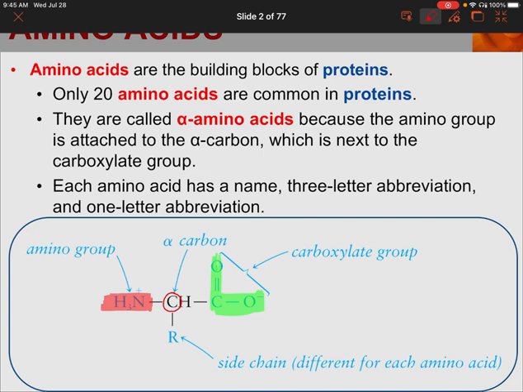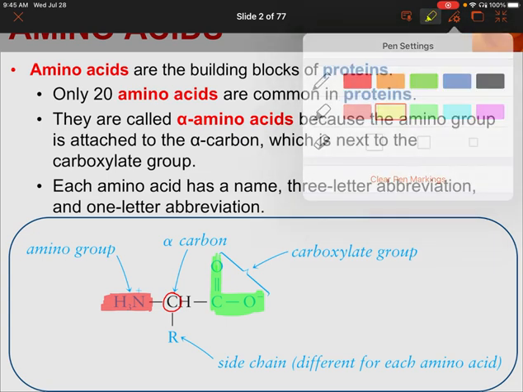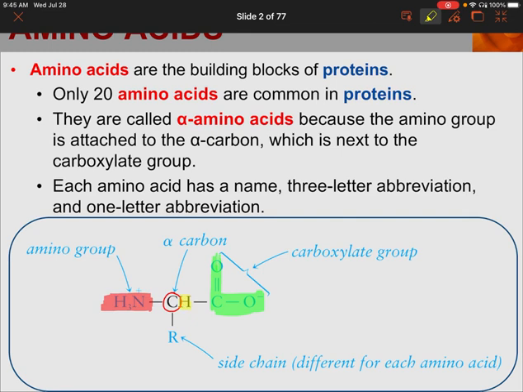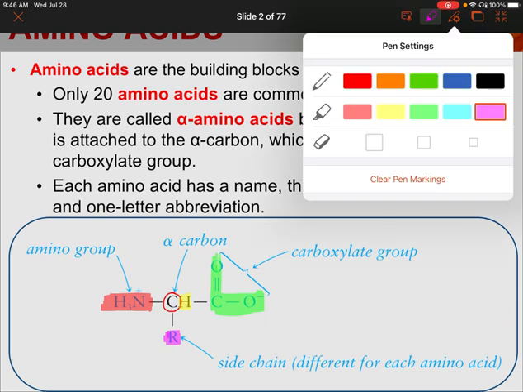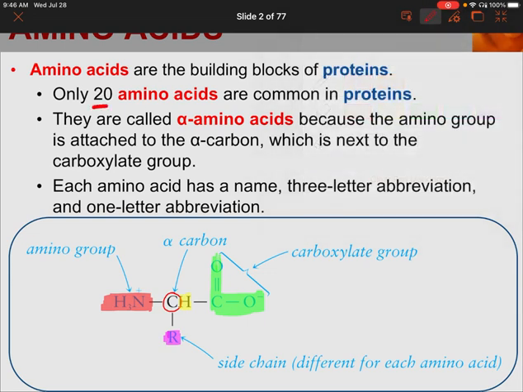Now, the alpha carbon is also bonded to a hydrogen, and then finally an R side chain. This R side chain could be a lot of different things. In fact, each amino acid has a different side chain. There are only 20 common amino acids in proteins, and we'll look at all 20 of those in a second.